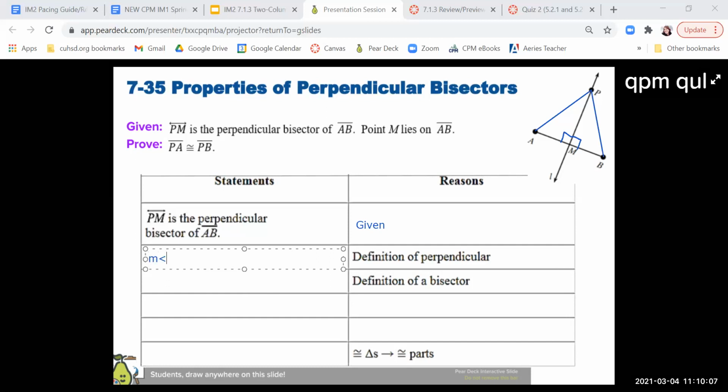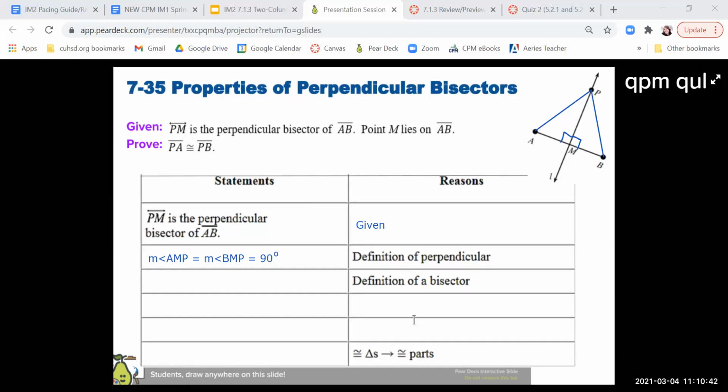So the measure of angle AMP will be equal to the measure of angle BMP, because they're both equal to 90 degrees.